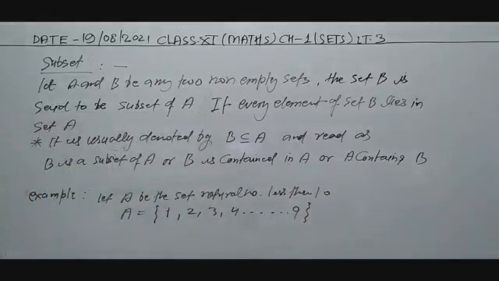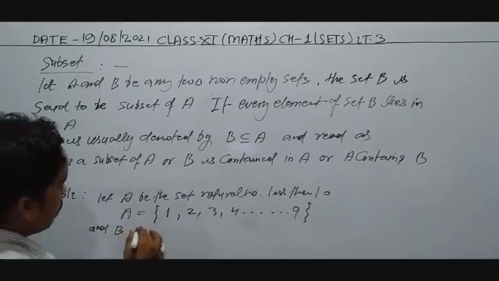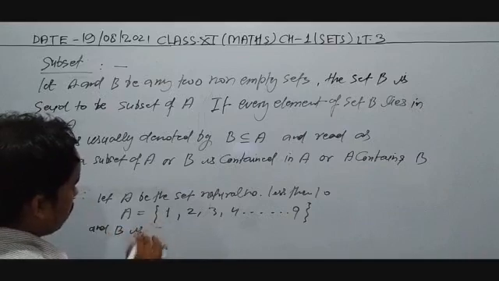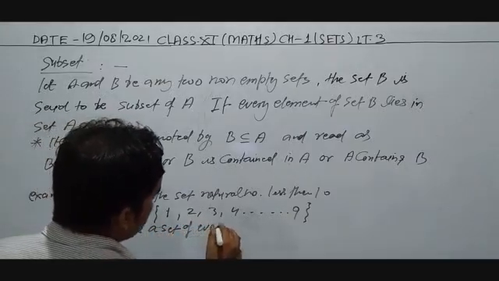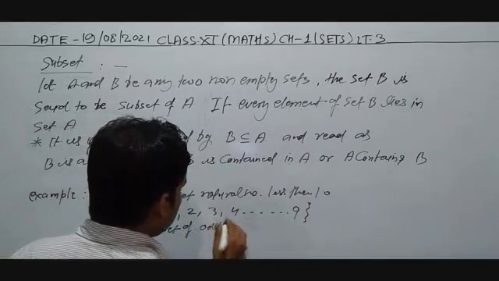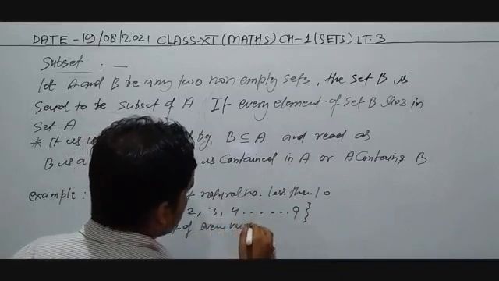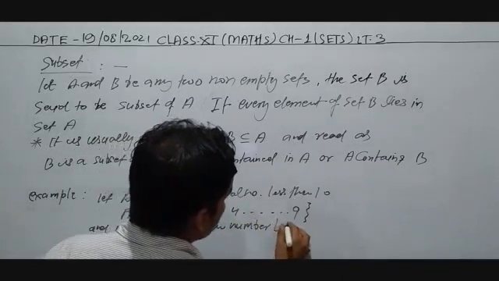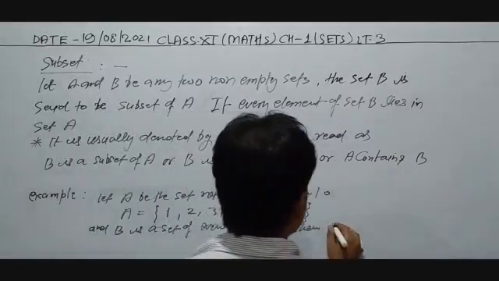And now B is a set of even numbers less than 8.